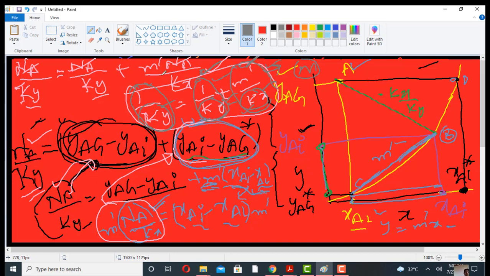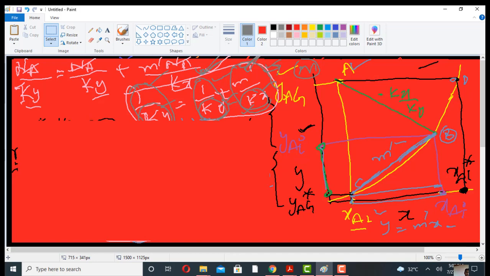So this is the overall resistance. These are the individual resistances.